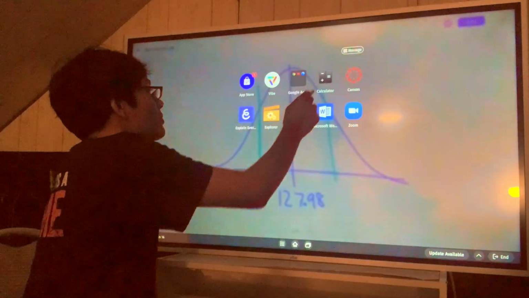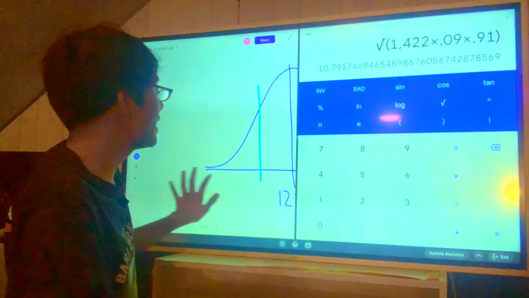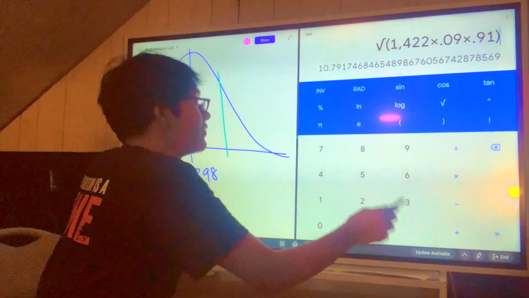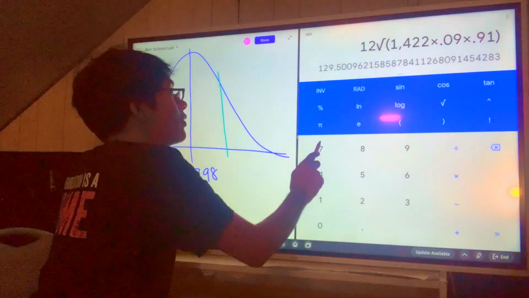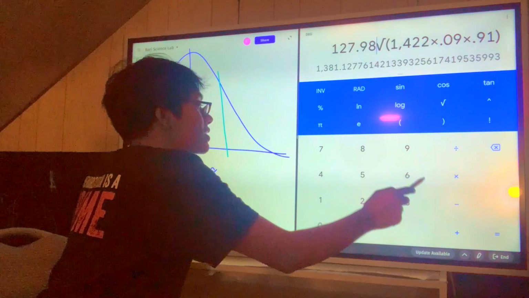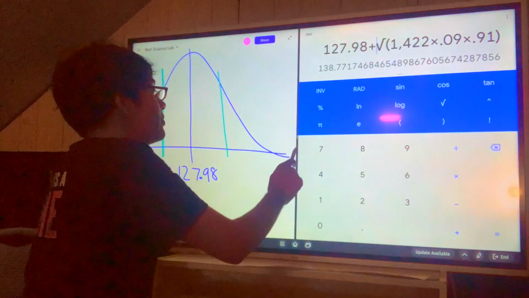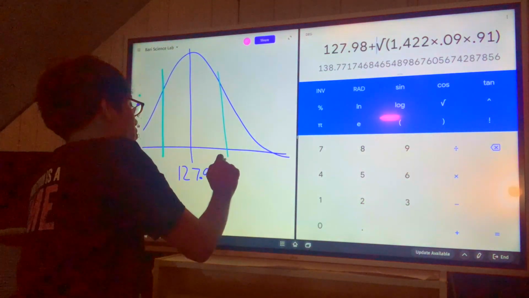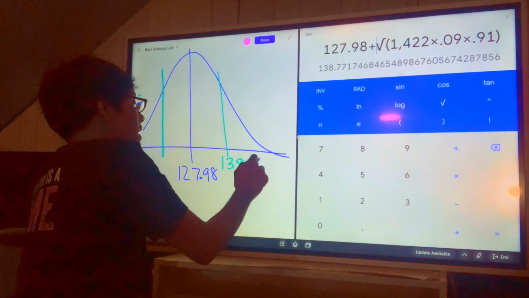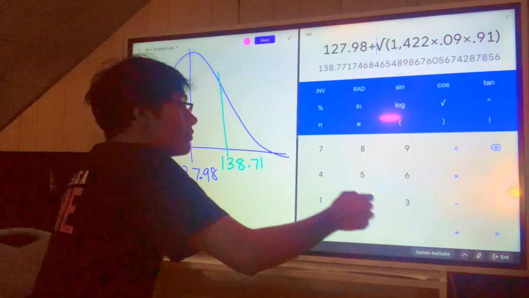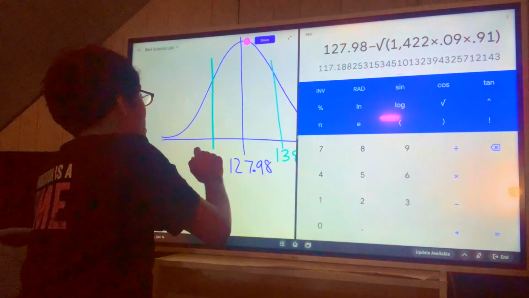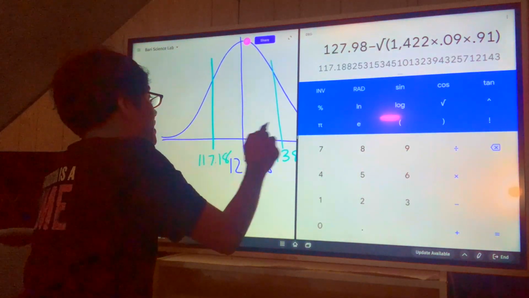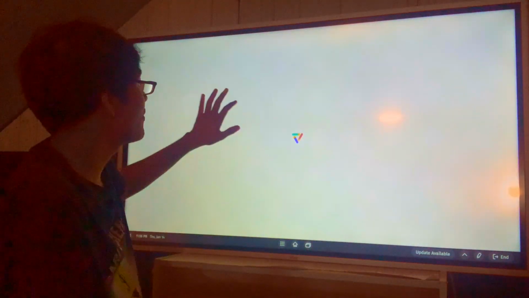So let me go back to my calculator and add 127.98 to this so we can figure out what our data values, one standard deviation away, will be. And it's going to be 138.71. 138.71 at one standard deviation above the mean, and one standard deviation below the mean, it'll be 117.18. Now, with that being said, we have our whole normal model.